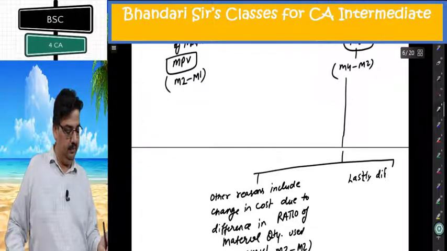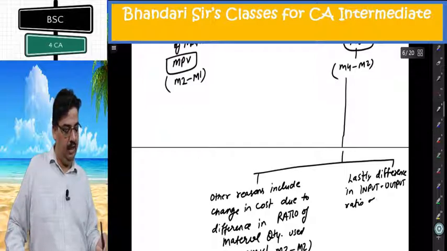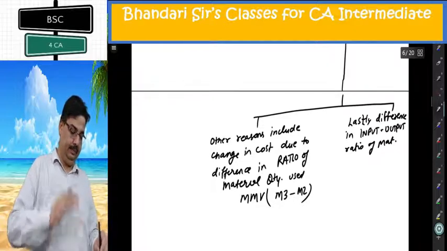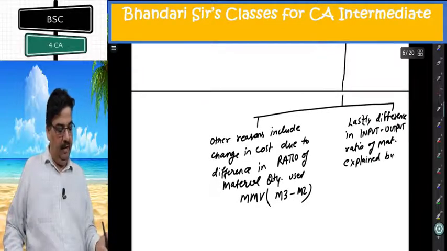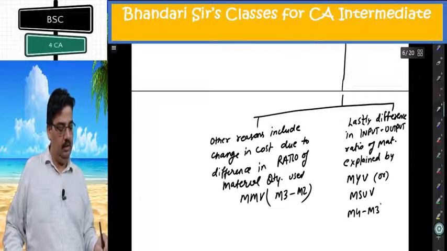Lastly, difference in input output ratio of materials explained by material yield variance or material sub usage variance, M4 minus M3.